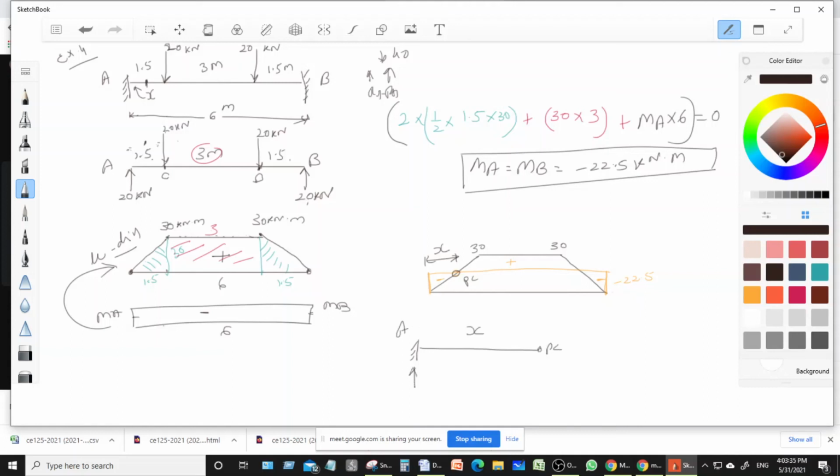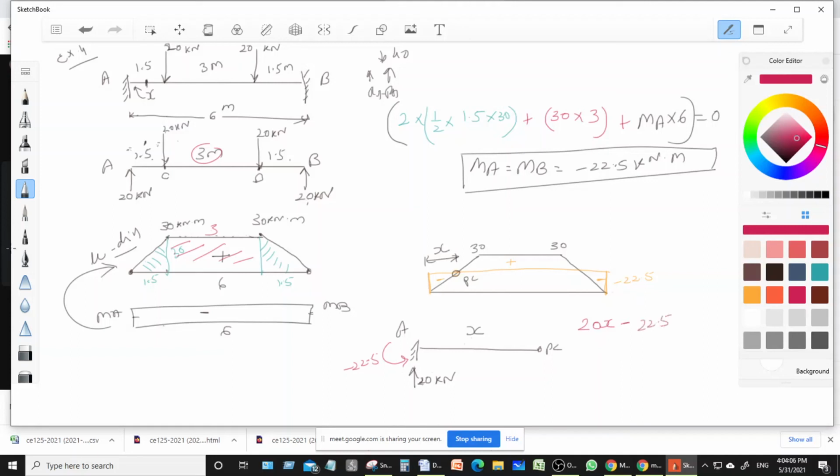Your reaction RA is 20 kilonewton, and the moment at A is -22.5, right? So let me just solve at the point of contraflexure. So 20 into x, then your moment, that is -22.5.